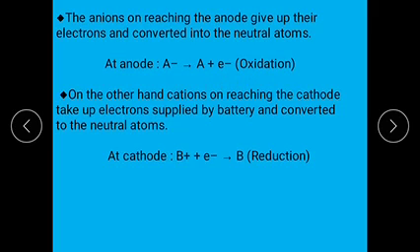On the other hand, cations reaching the cathode take up the electrons supplied by the battery and are converted to neutral atoms. When cations gain electrons, they are reduced to neutral species. That is, the reduction reaction takes place at the cathode, and the oxidation reaction takes place at the anode.